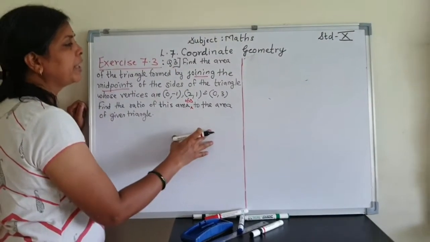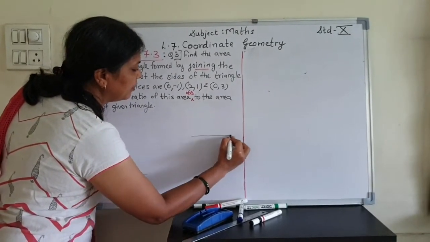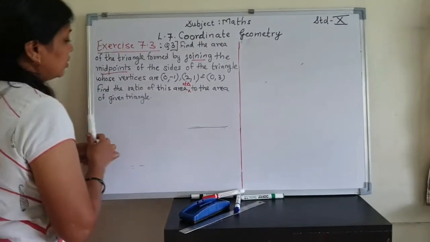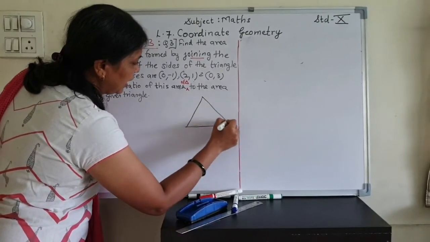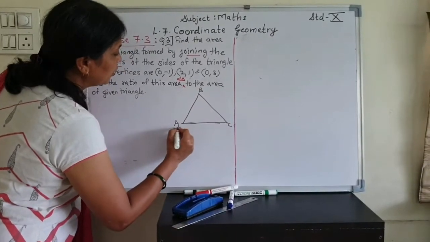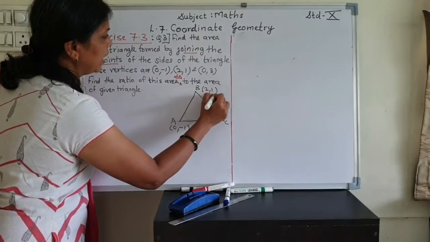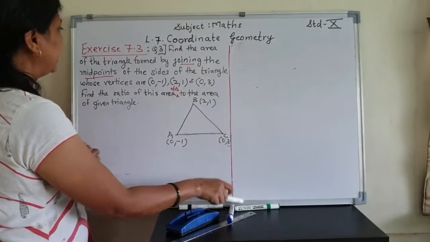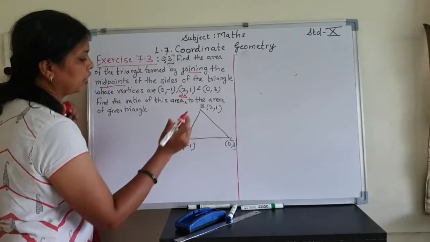Now let's see the geometrical representation of this sum. What have they given us? They have given us a triangle, meaning the vertices of a triangle. So let's draw here triangle ABC with the vertices 0, -1, 2, 1 and here 0, 3. Now they have given us the midpoints. A triangle is formed by joining the midpoints of all these sides.